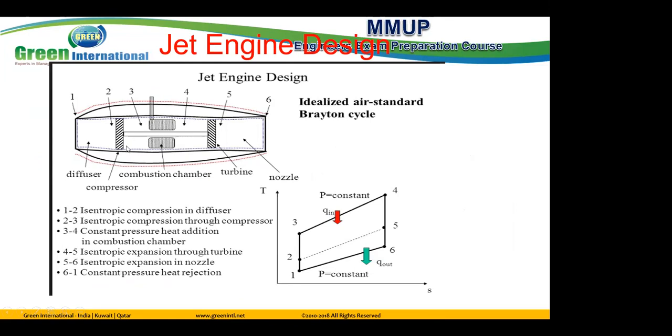But in the jet engine we add a diffuser at the beginning before the compressor, and at the end we put a nozzle, so after the turbine the flow continues to expand through the nozzle to the atmosphere.